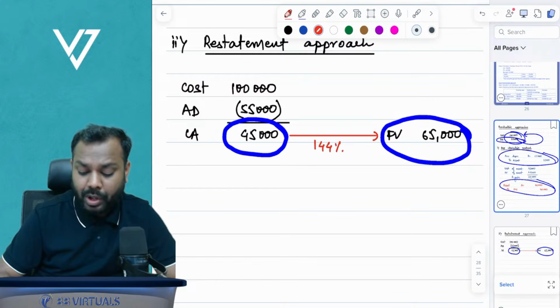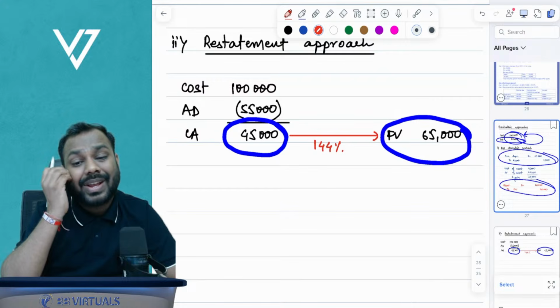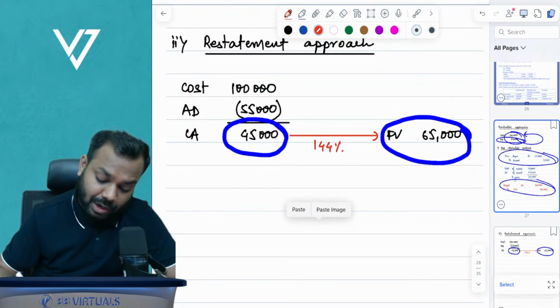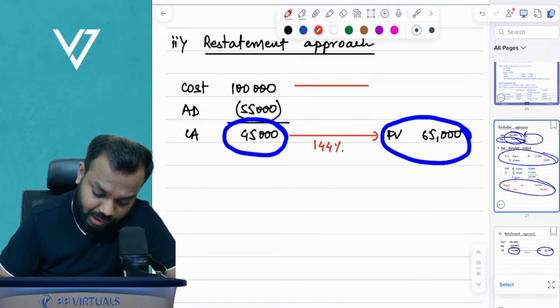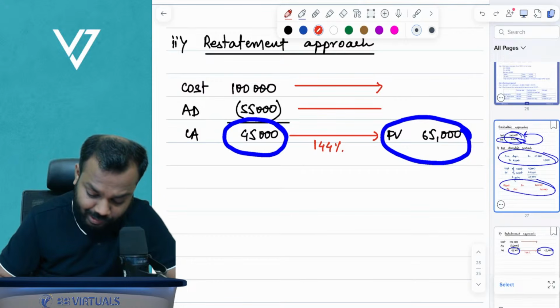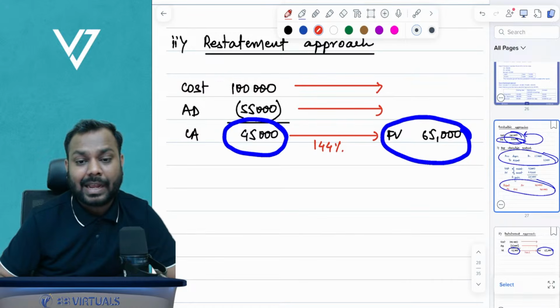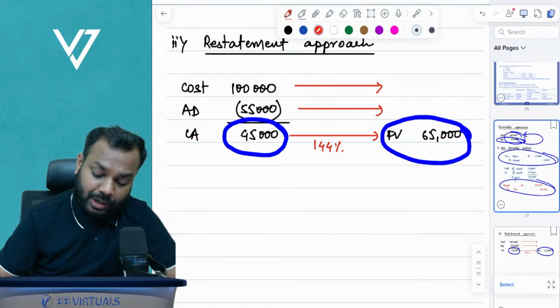So fair value is 144% of the carrying amount of the asset. Accordingly, you have to restate cost and accumulated depreciation to 144%.